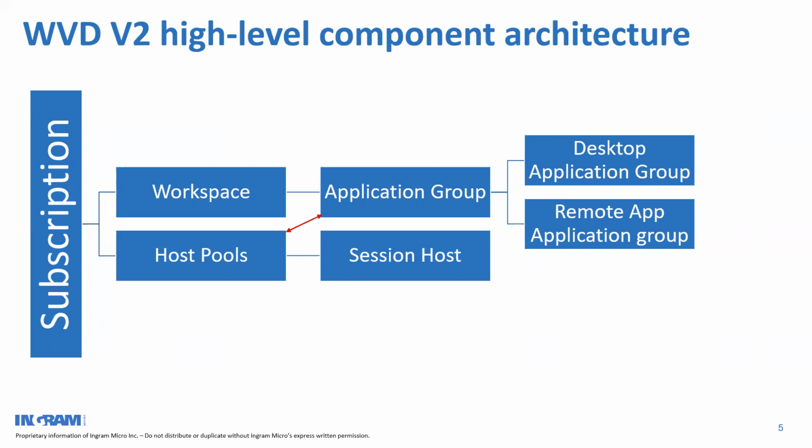First you create a workspace within which you can add host pools and application groups. Host pools will definitely have session hosts and can have multiple session hosts under them. And application groups can have desktop or remote application publishing groups within them. So a slight change in the way the components are structured now.